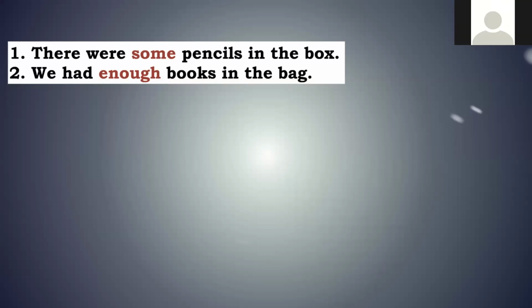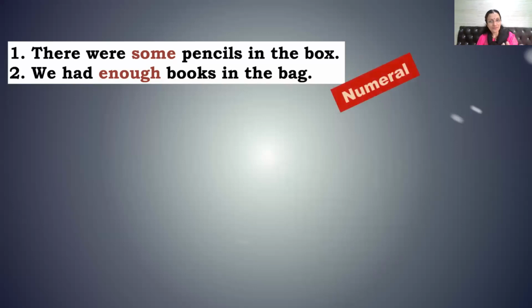If it is saying I had some water, we had enough rain, you don't say 1 water, 2 waters, they're uncountable. Rain, you don't say 1 rain, 2 rains. So when you use some and enough with water and rain, that is quantity, because you say how much. Here you say there were some pencils. How many pencils? You don't say how much pencils. So adjective of number.